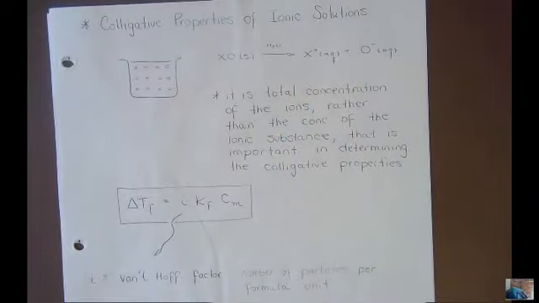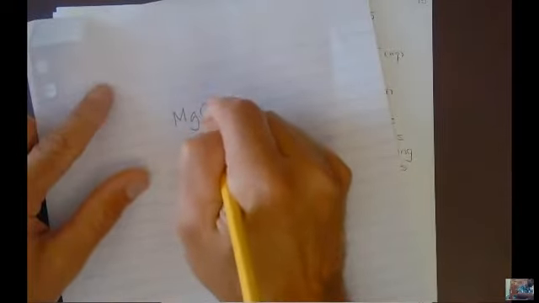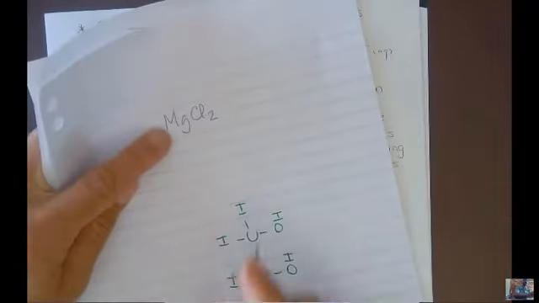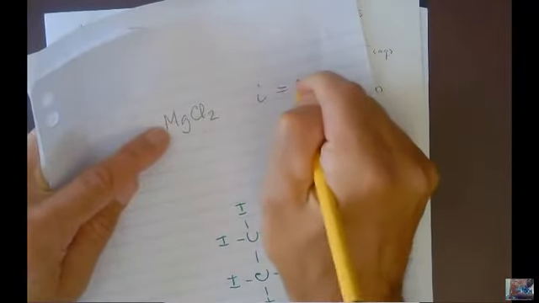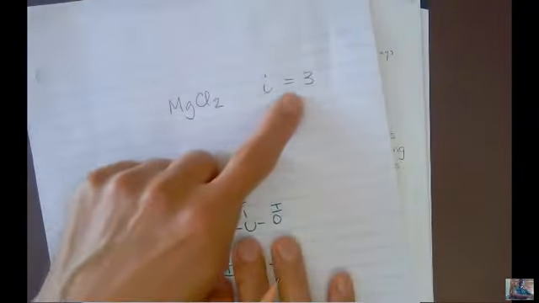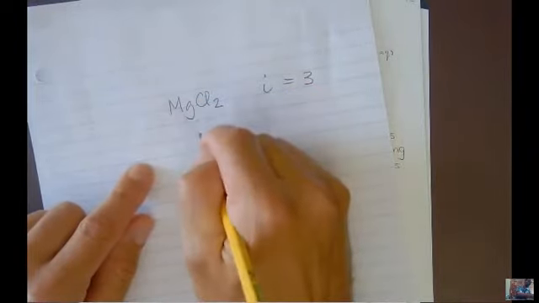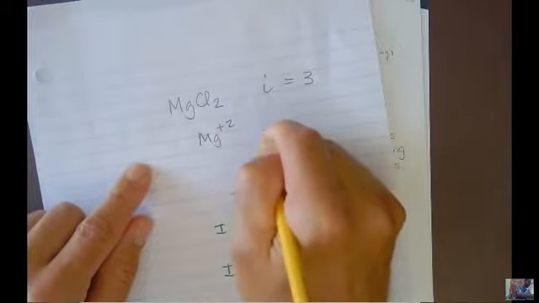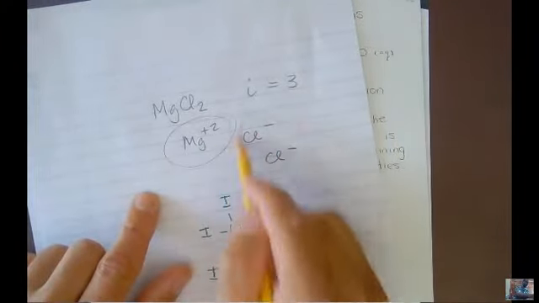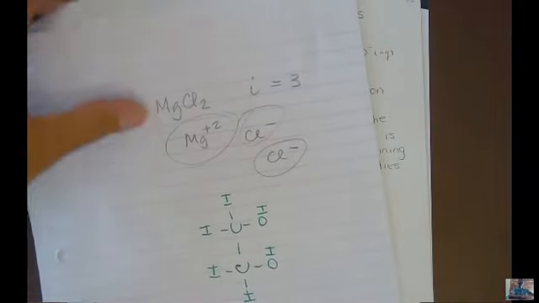Okay? How about if I dissolved magnesium chloride into solution? What would my i be? Well, magnesium chloride looks like that. If you dissolve this, i is going to be 3. I get 3 particles, 1 magnesium plus 2, and 2 chlorides minus 1s. Those are my 3 particles. Right? I get a 3-to-1 relationship.